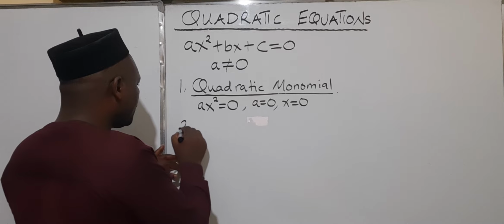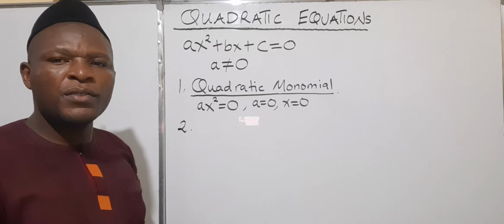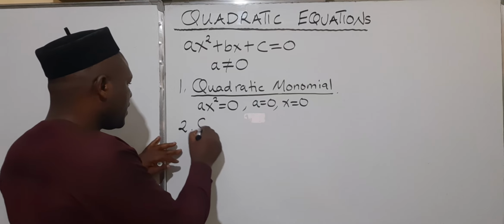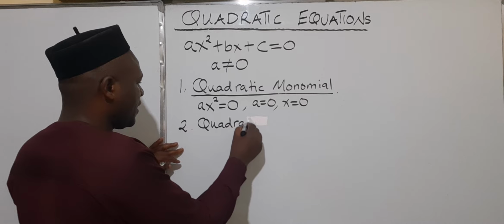The second type of quadratic equation is called quadratic binomial.